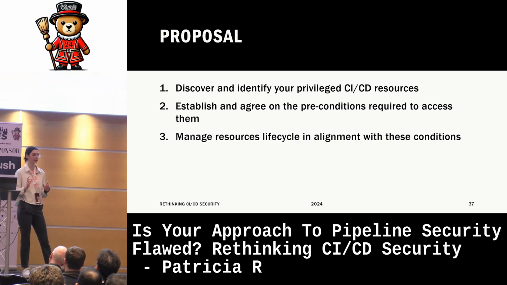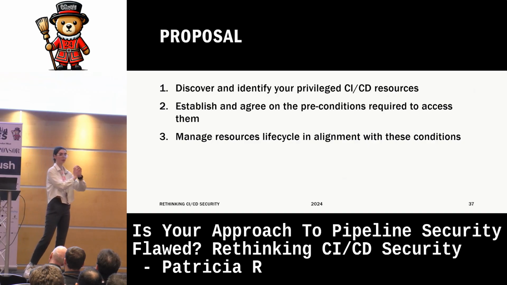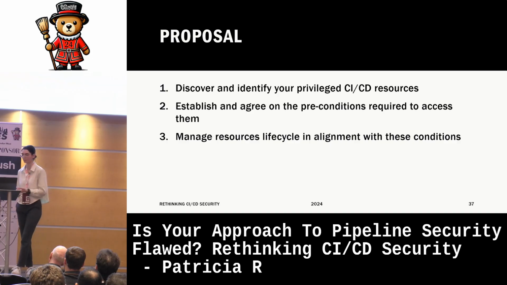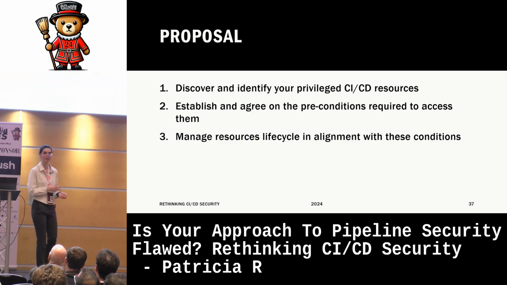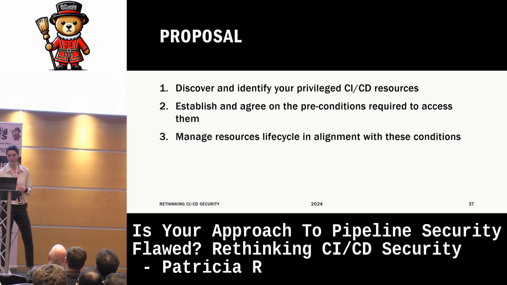And you apply that based on the resource itself, not on the pipeline, because I can just remove it from the pipeline. So you establish and agree on those conditions of access. And then the easy part is to just manage the CI/CD resources according to whatever conditions you have defined.